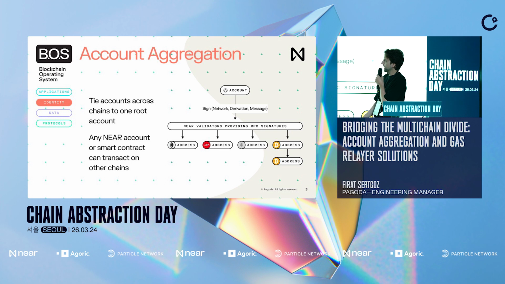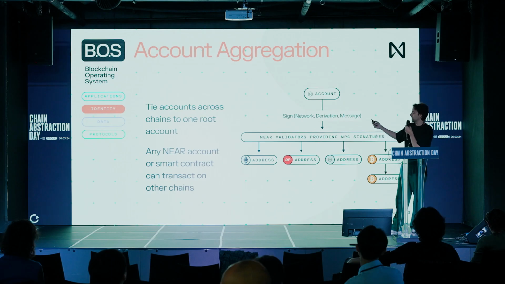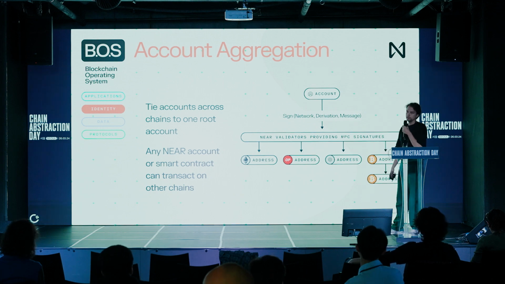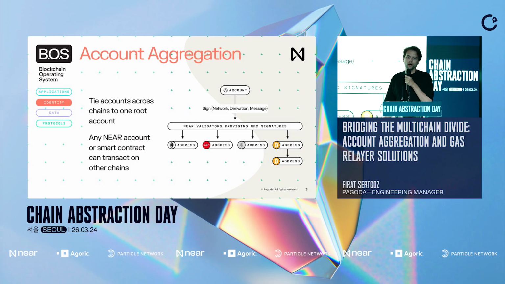As you've seen before, what we're trying to do is build these primitives at Pagoda to allow one account to control multiple accounts and multiple chains, so that users don't need to worry about changing networks or keeping a lot of different accounts and wallets.